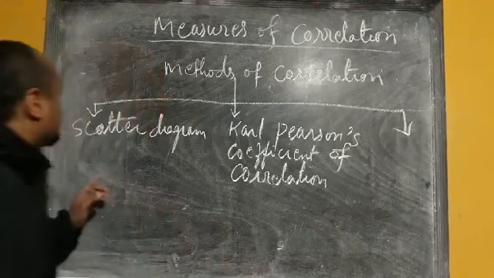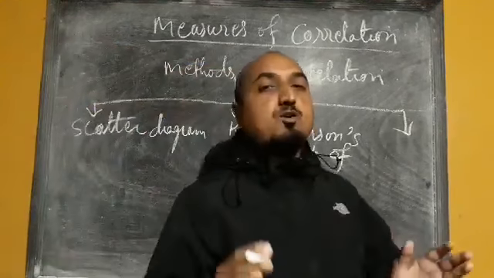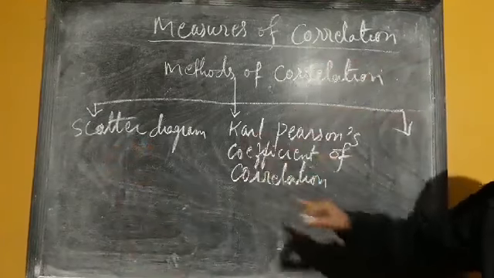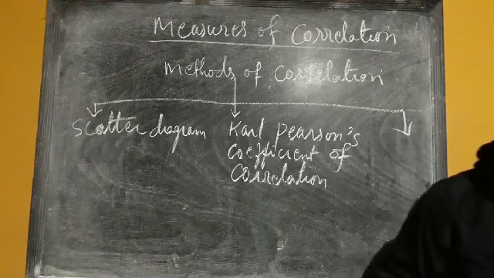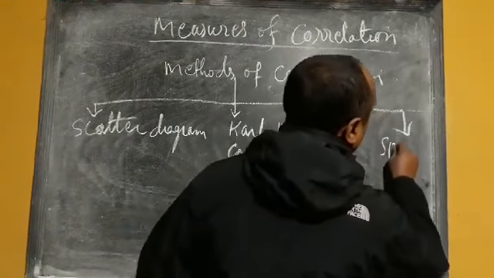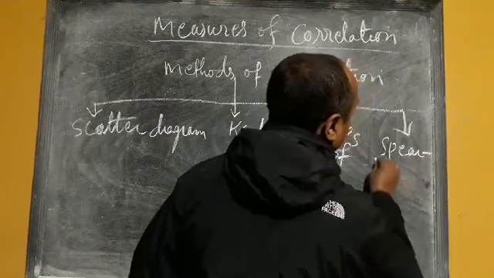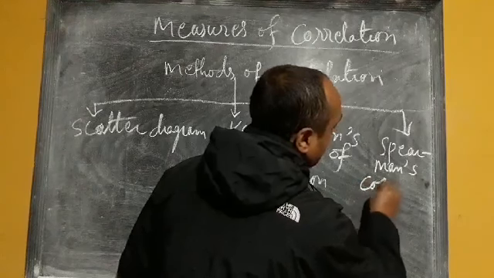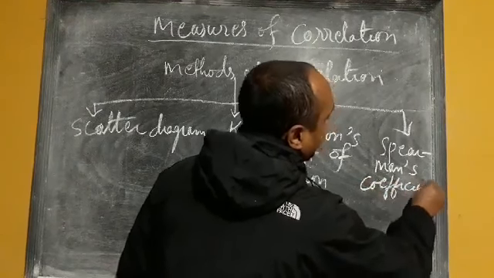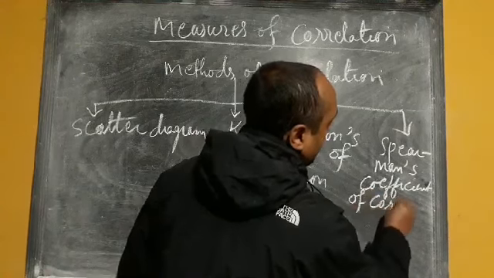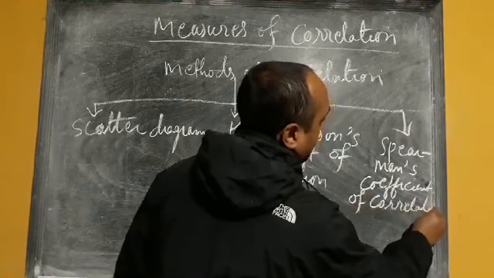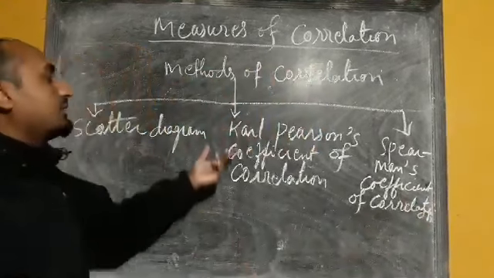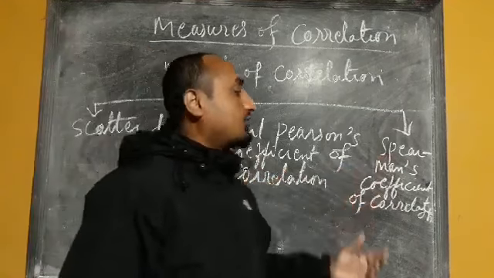So once again, the first method to estimate the value of correlation coefficient is scatter diagram, second one is Pearson's coefficient of correlation, and third one is Spearman's coefficient of correlation.